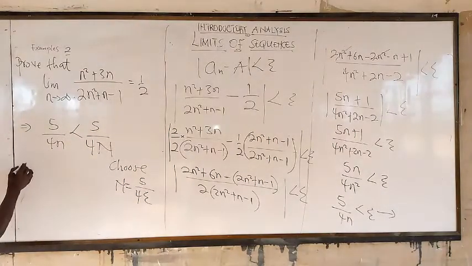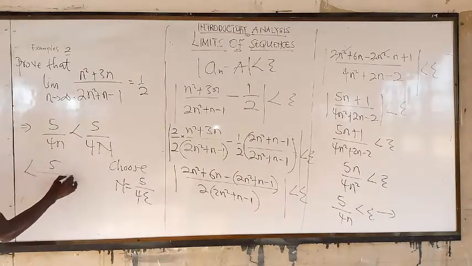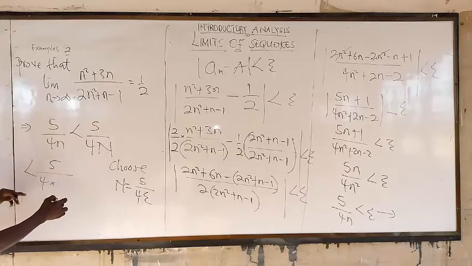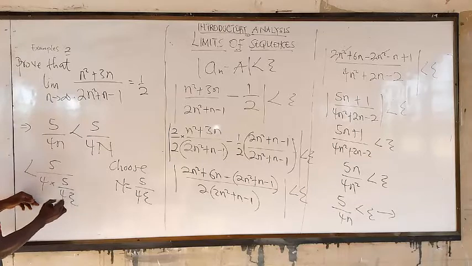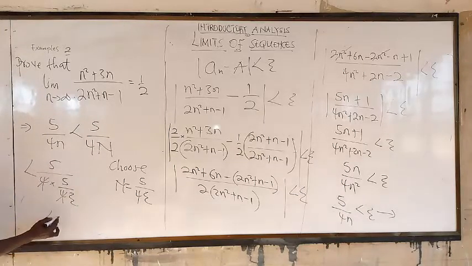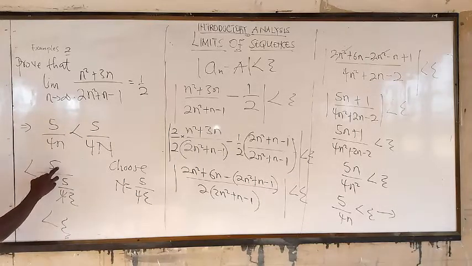So here, 5 over 4 times capital N is 5 over 4 epsilon. This will cancel this. And here simply we get this to be epsilon. Alright. This is not the first time meeting something like this, so know what to do.